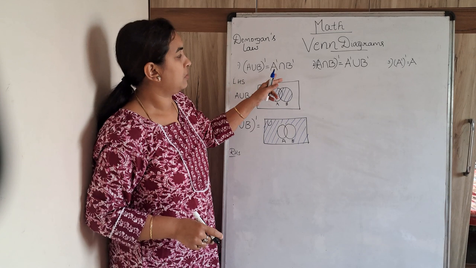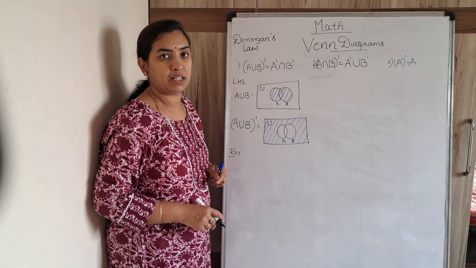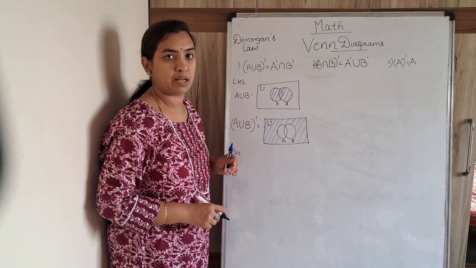So in order to draw a Venn diagram for A dash intersection B dash, first let us write down the Venn diagram of A dash and B dash.